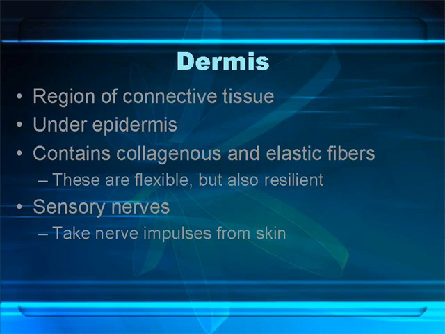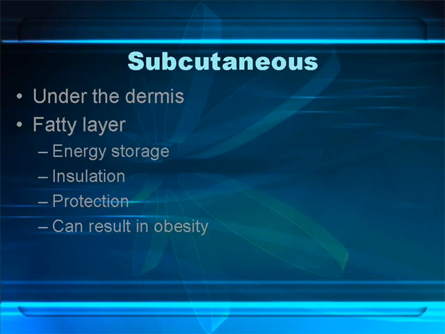If you didn't have these elastic fibers in the dermis, you wouldn't be able to make that movement. Your skin wouldn't be able to stretch. It's also in the dermis where the sensory nerves are located, and so that's where you're going to find all the nerves that detect the feelings of touch, temperature, pain, pressure, that stuff we mentioned before.